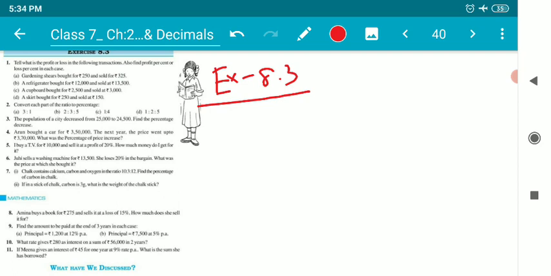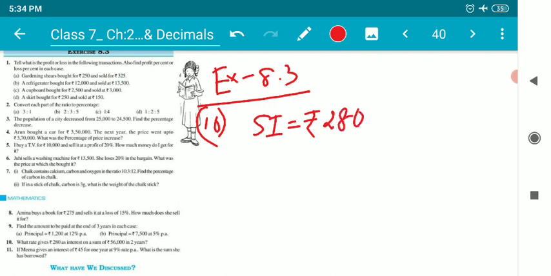So children, let us have a look at question number 10 of exercise 8.3. The question asks: at what rate does a sum of rupees 56,000 give rupees 280 as interest in 2 years? They have calculated the simple interest already for us, that is rupees 280.